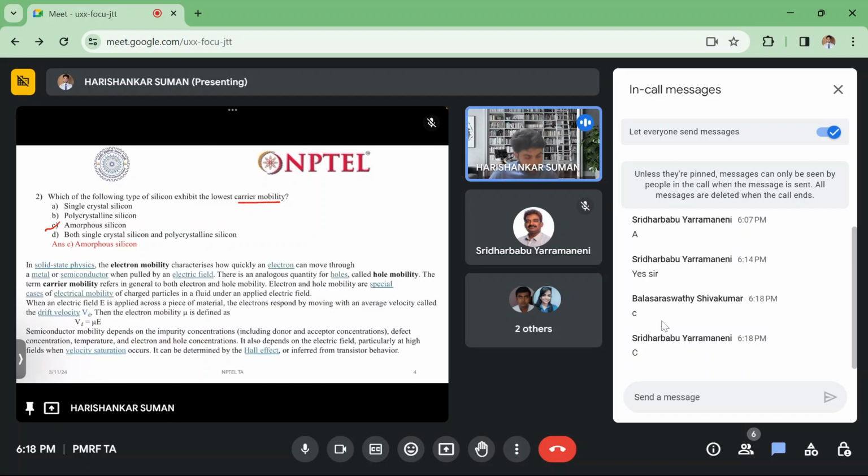So here is also about the mobility. Electron mobility is a characteristic of how quickly an electron can move through a metal or semiconductor when pulled in an electric field.